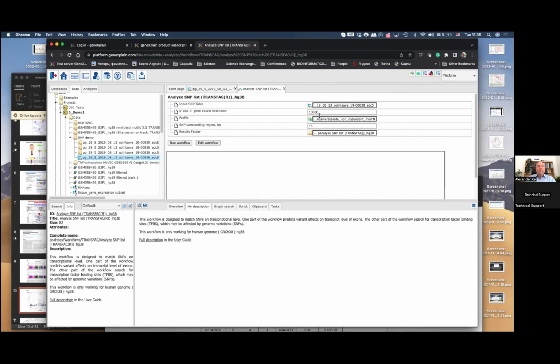And then one parameter of that pipeline is which distance we have to consider around the genes. Why genes? Basically, this is just part of that pipeline, but it does not have to be. You can analyze all the SNPs independently from the gene location. But in this particular pipeline, we consider the most important SNPs to be those located either in the body of the gene or somehow nearby.